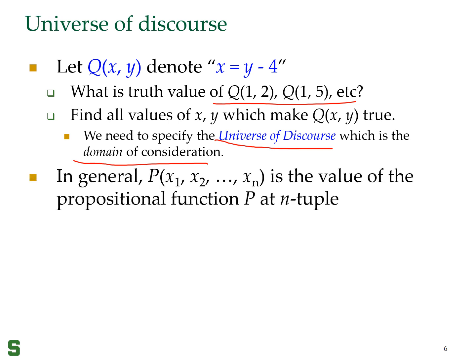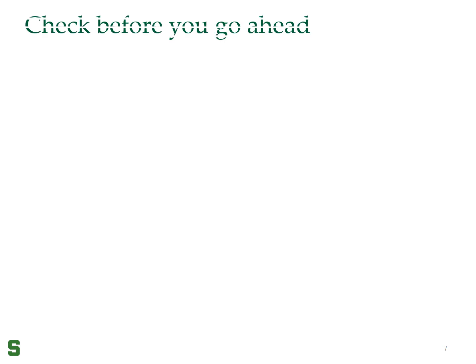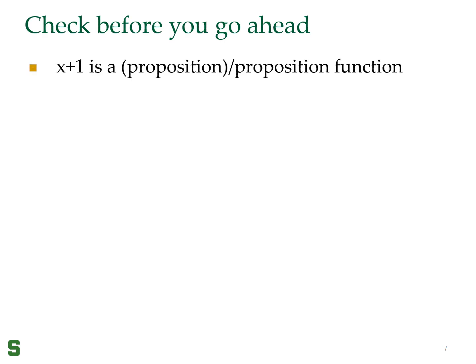In general, if we have a proposition P that has n parameters, then in order to get the universe of discourse, I'll have to know where each of these values comes from. Once again, we have reached the check-before-you-go-ahead slide.